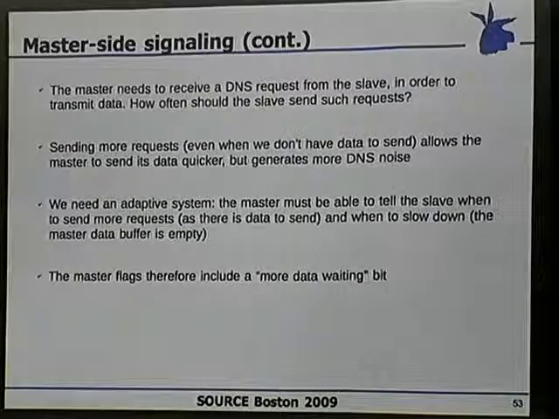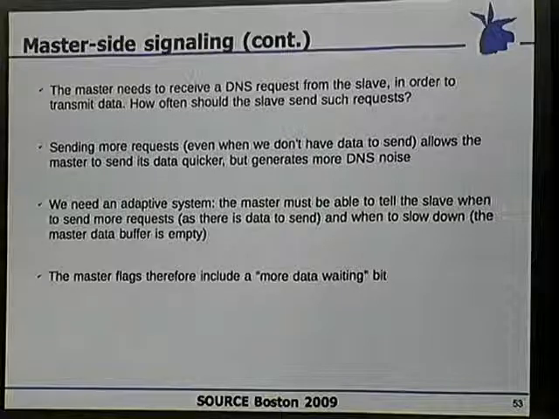The question though is, the master only responds to requests because it's DNS, so we send a request, master responds, but he couldn't possibly send a response without a request, which means we have 2 choices basically. Either we send a lot of requests from the slave and hope that there's data coming back, or we send just occasionally a request and maybe some data is coming back then.